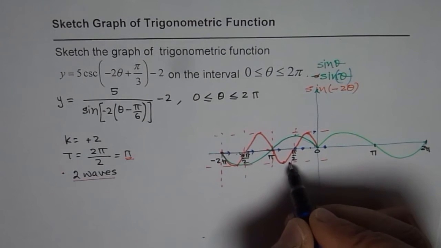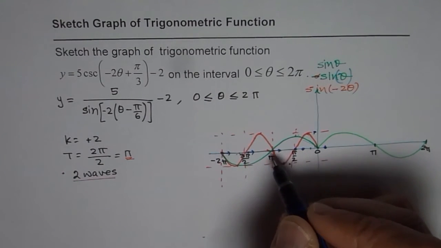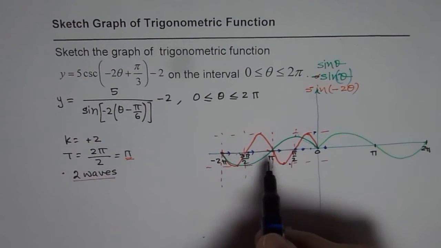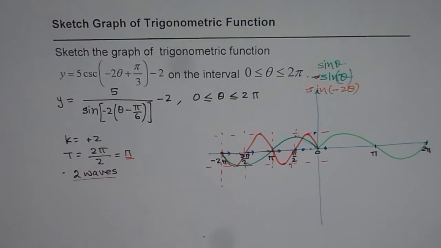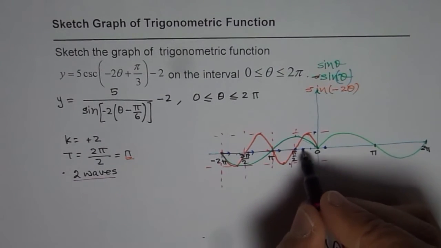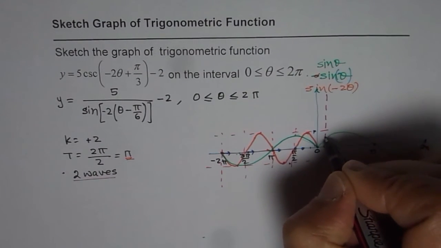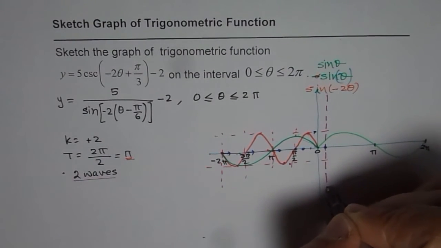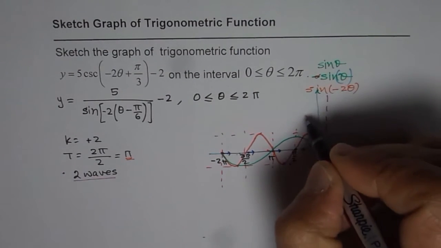So every point is going to move pi by 6, but let's concentrate on zeros. Let's consider these zeros to be the vertical asymptotes for cosecant x. So I'm going to draw vertical asymptotes like this. These vertical asymptotes are zeros shifted pi by 6 to the right.